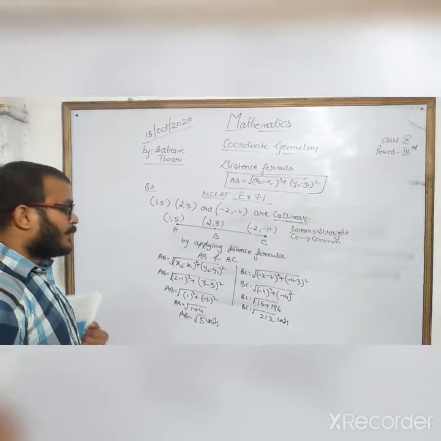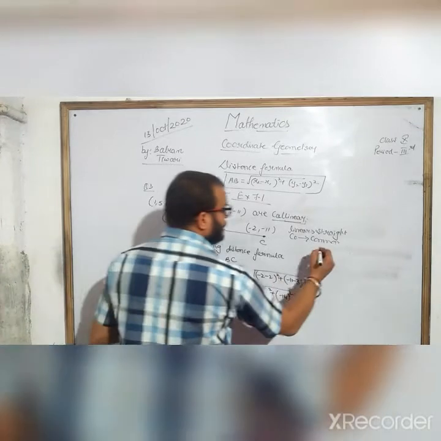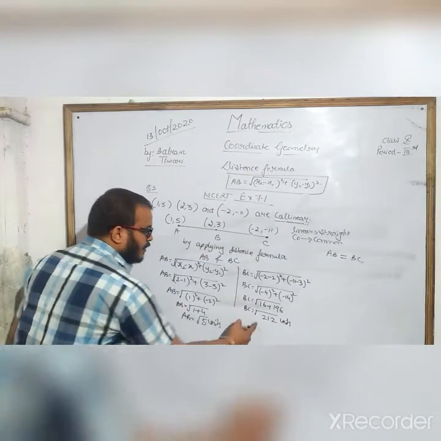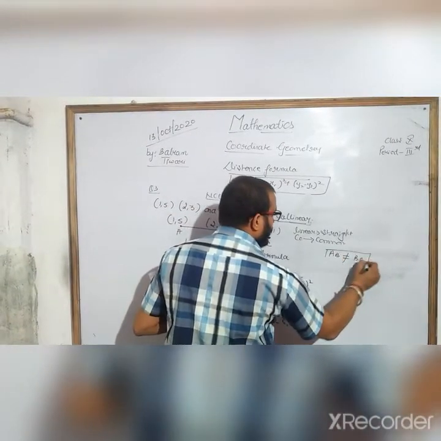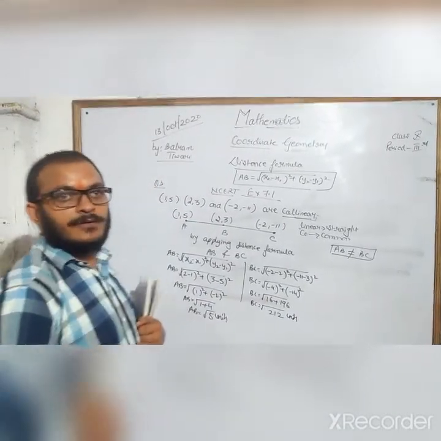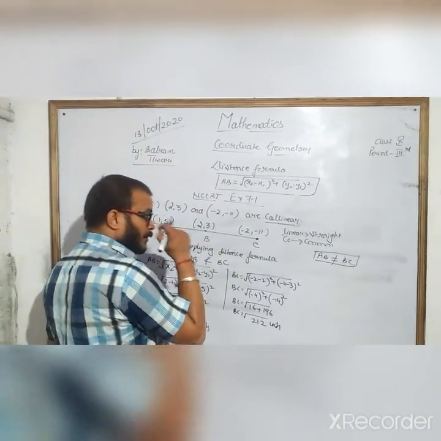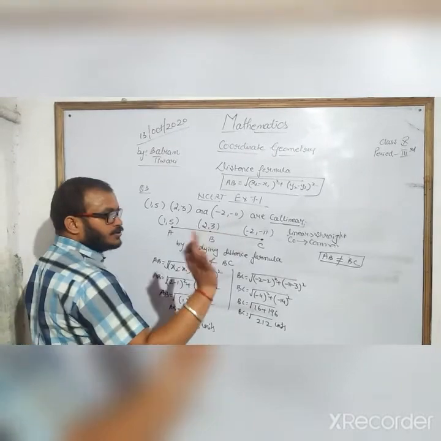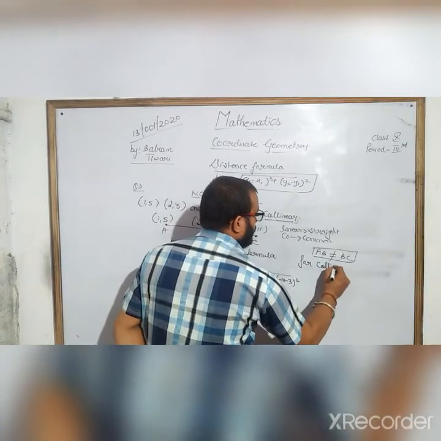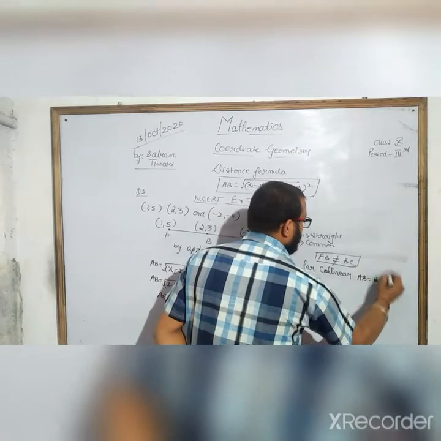The question is to determine whether the points are collinear or not. Is AB equal to BC? You get the distances: no, they are not equal. So is AB equal to BC? No. Hence these points are not collinear, because for collinear, AB must be equal to BC.